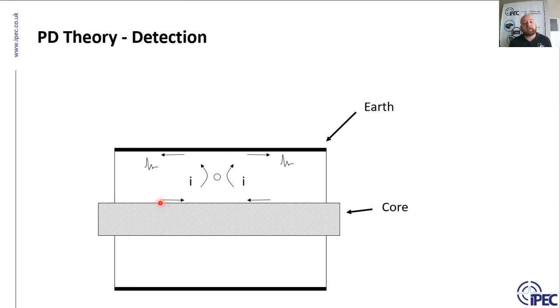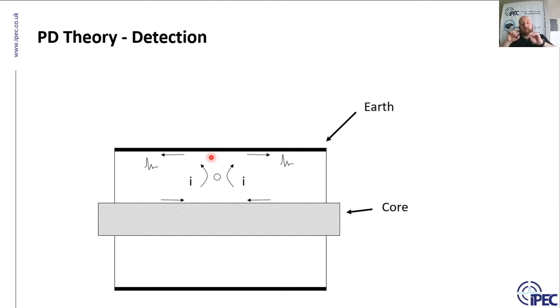So those two signals, because from the PD source it's emanated away, have been induced onto the inside of the earth and the outside of the core. Those two signals are equal and opposite. So if you put a sensor around the cable, you won't detect anything. So that's why we apply HFCTs around either the core or the earth, because we've got those equal and opposite signals inside.